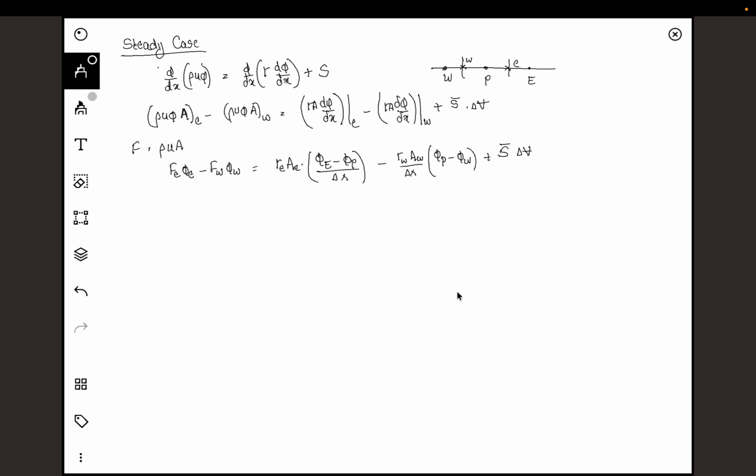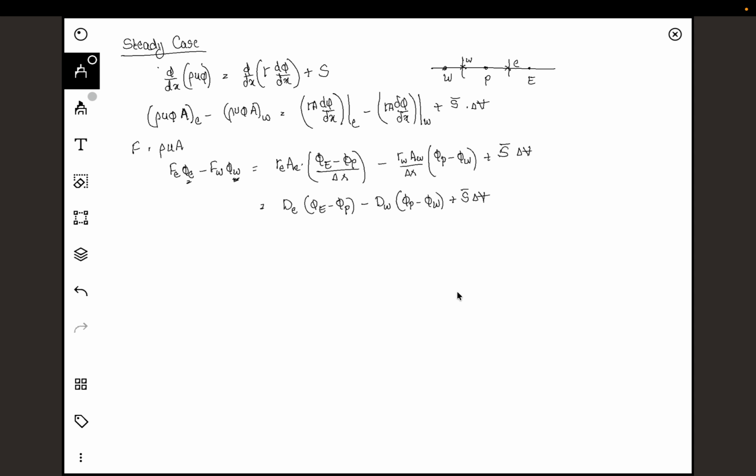Now, whatever we did for the steady diffusion, we will use the same notation here. So gamma e A e by delta x, we can call that little d e, using little here because all these values are evaluated on the face centers, times phi E minus phi P, minus d w times phi P minus phi W, plus S bar delta V. The only problem here is that we are solving for phi values at the cell centers, but these terms require the evaluation of phi e and phi w, which are at the face centers.